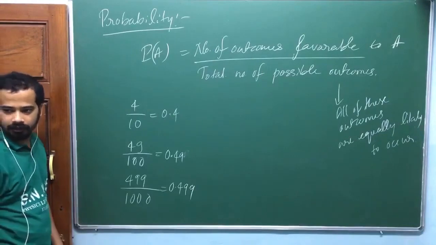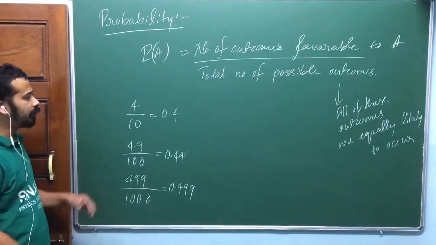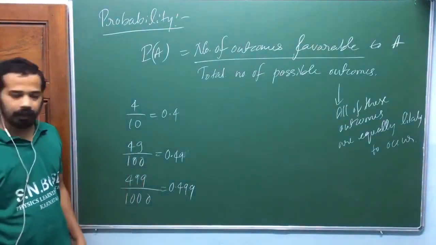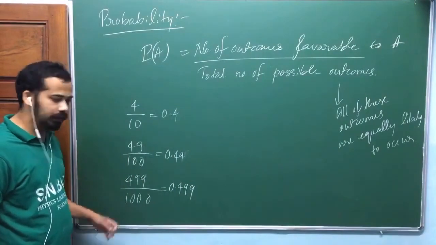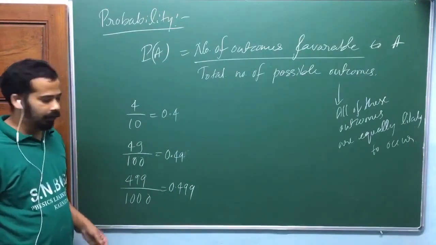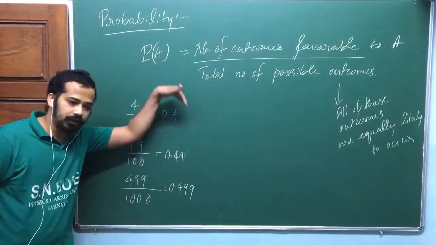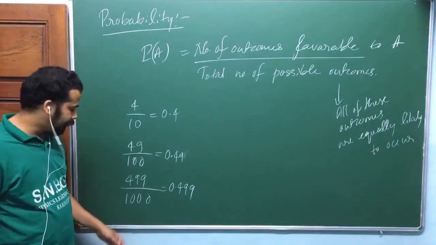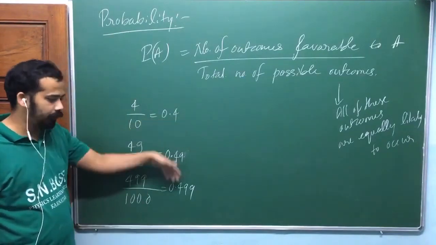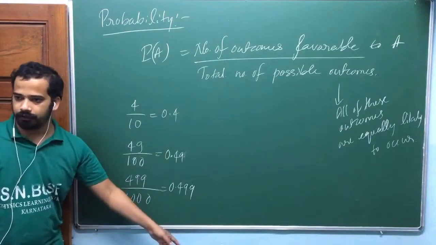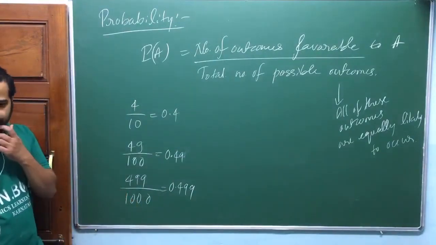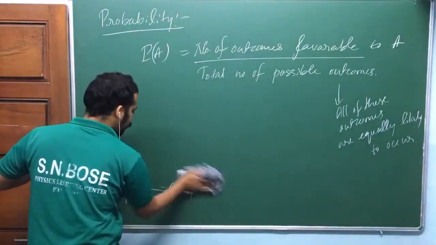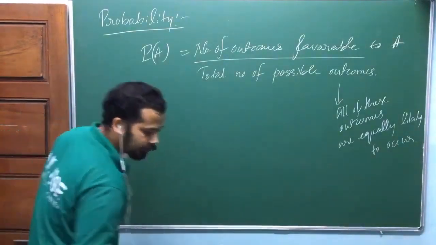I have taken one hypothetical case where the number of heads is 1 less than the number of tails, and I do 10 trials, 100 trials, 1000 trials. My value is getting closer to 0.5, half. That means if you increase this to infinity, this will tend to 0.5. So that's why by just tossing once or twice, you can't show that probability value. You have to take infinitely many trials.